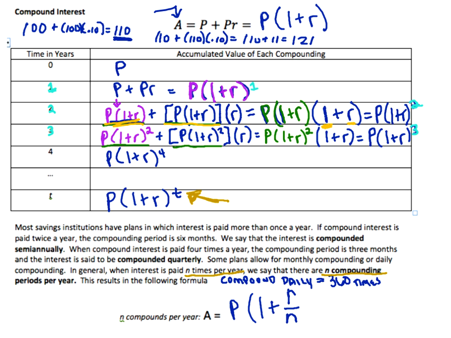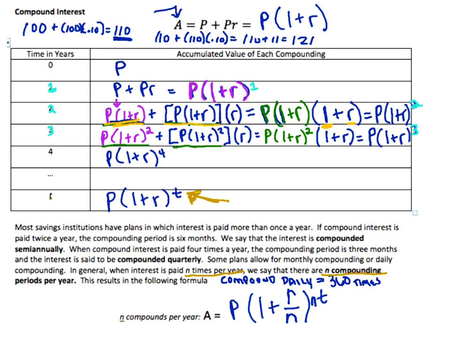So if we had that 12% rate compounded 12 times a year, that'd be 0.12 divided by 12. And then we raise that not just to however many years, but however many years times however many times it compounds per year. So our compounding interest formula is P times 1 plus R over N raised to the NT.